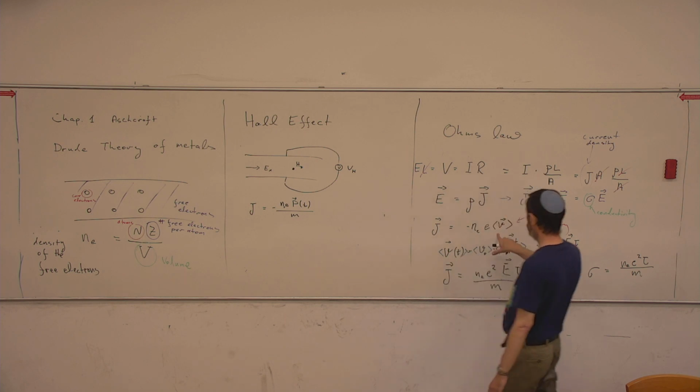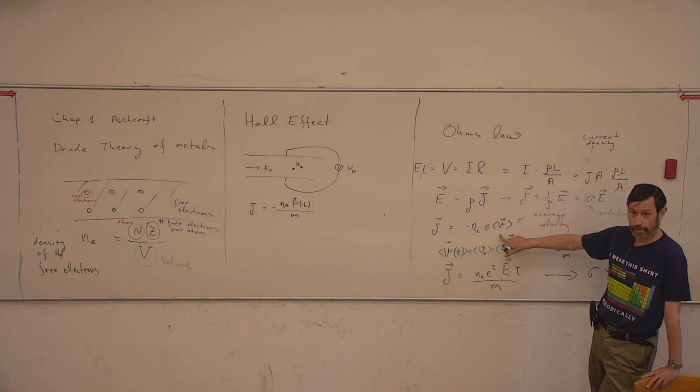It's rewritten, what's written here? V is P over M.